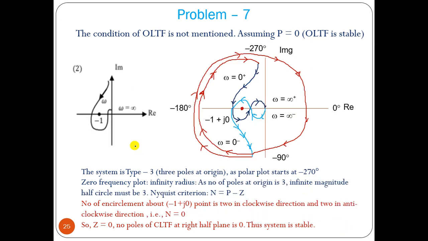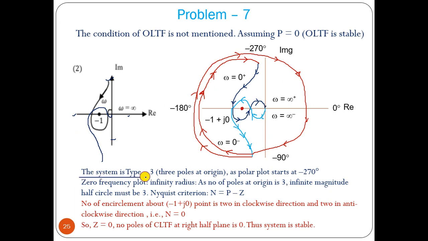Now second problem, here this is the plot. Now we can plot the inverse polar plot, and here this is type 0, type 1, type 2, type 3.